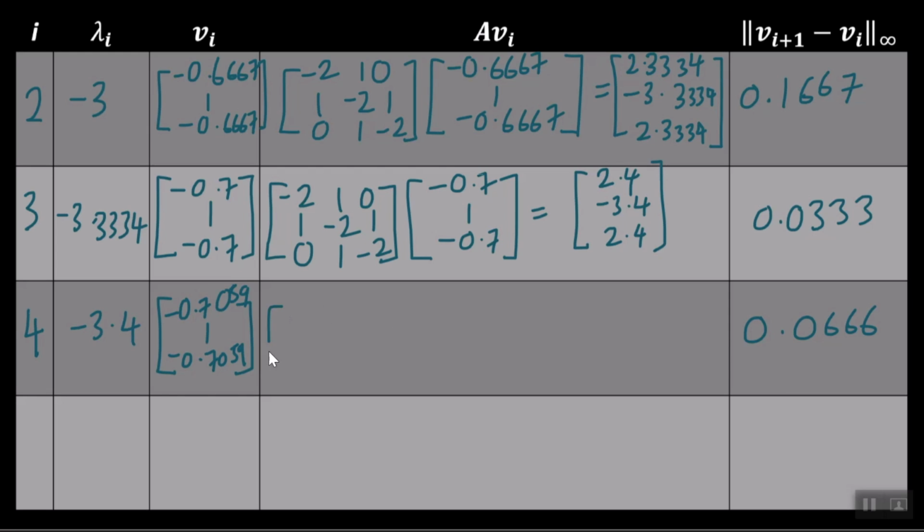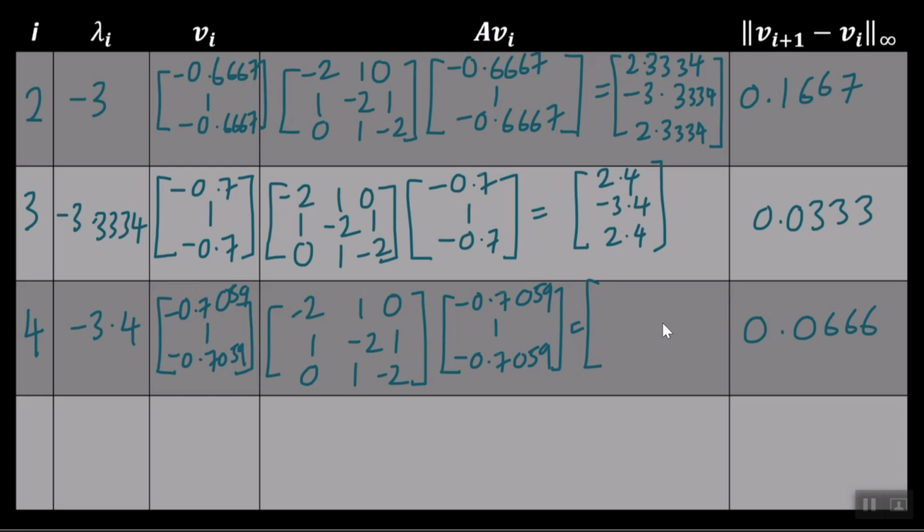So we would continue again. Multiplied by V, this is equal to 2.4118, negative 3.4118, 2.4118. Our new lambda would be negative 3.4118. And our new v would be 1 over negative 3.4118 multiplied by AV.